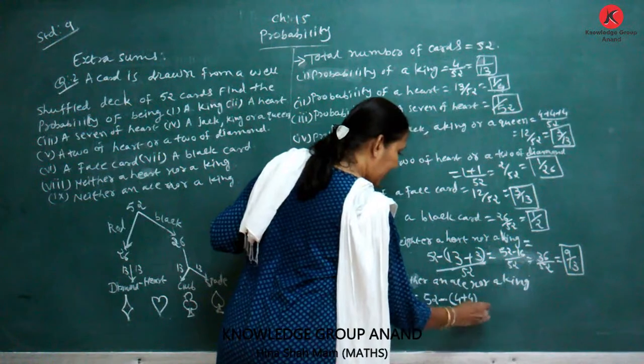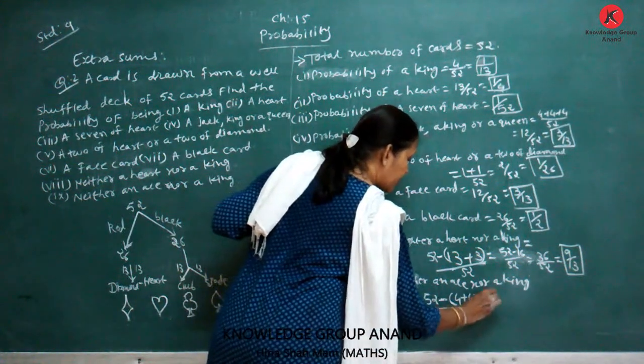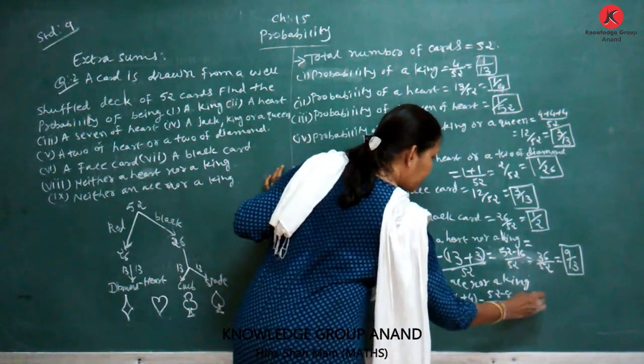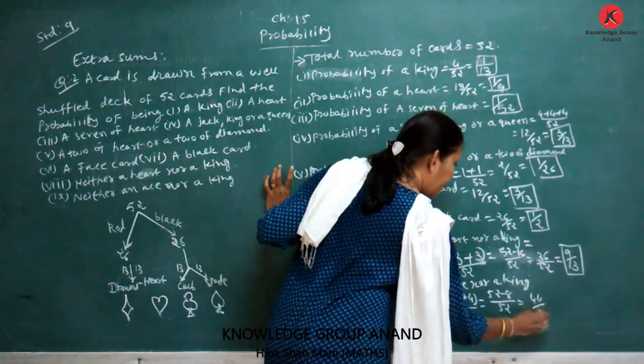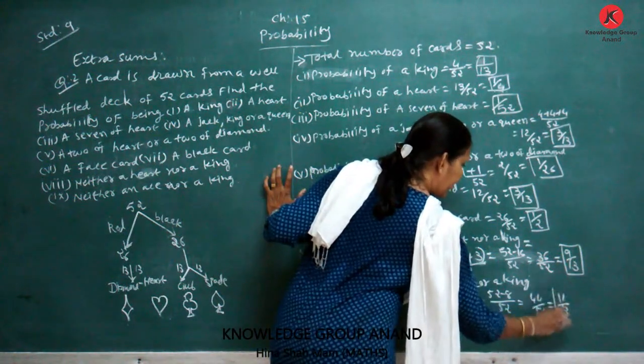And nor a king, 4 upon 52 equals 52 minus 8 upon 52 equals 44 upon 52, which is 11 by 13.